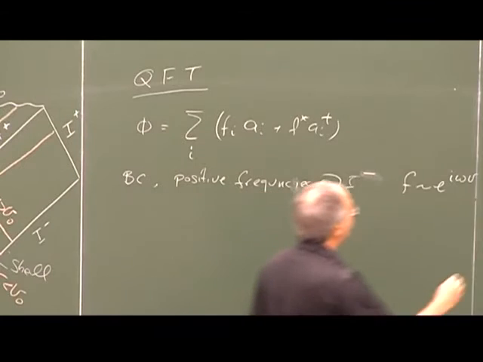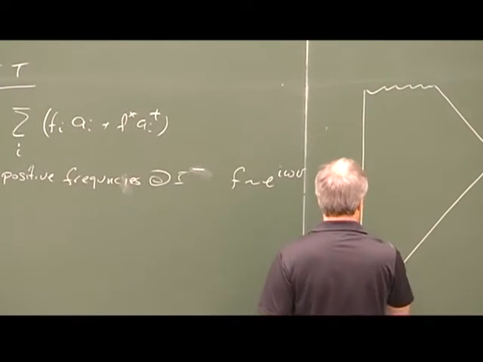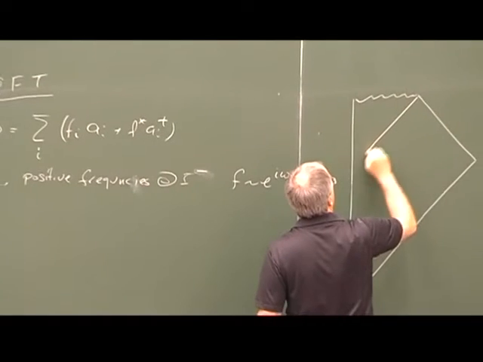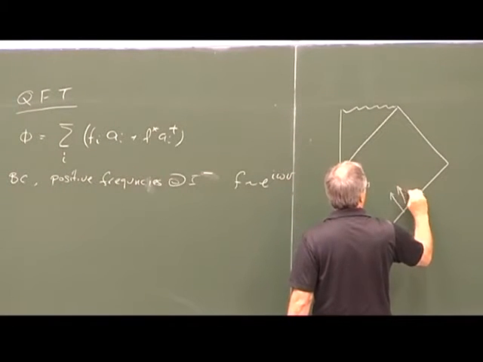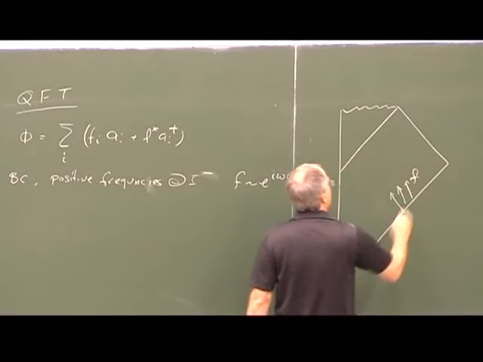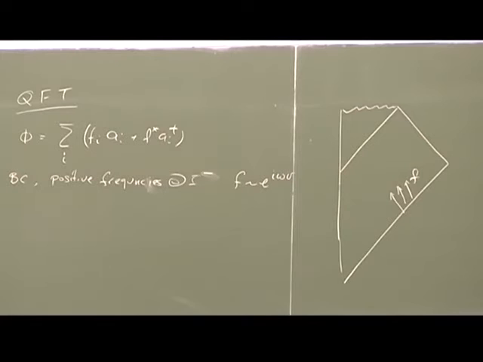So again, if I now draw the Penrose diagram, the f's are essentially ingoing waves that come from infinity.